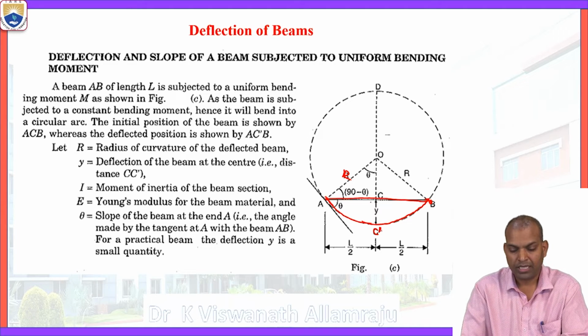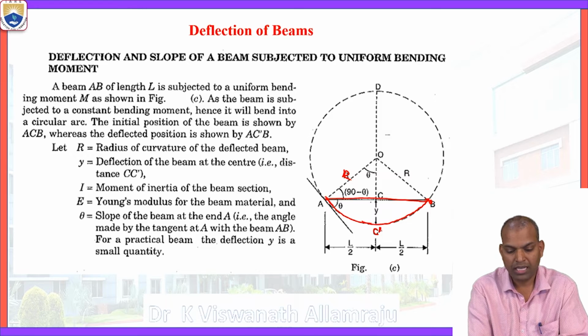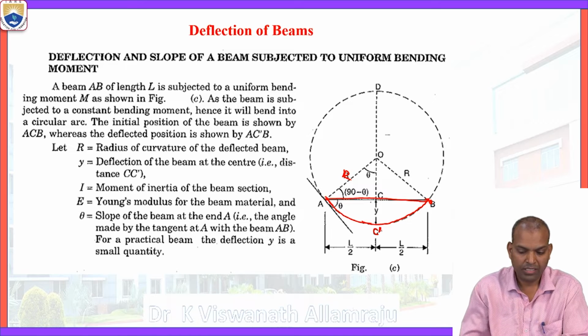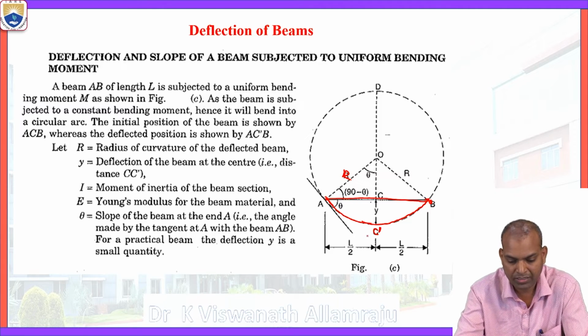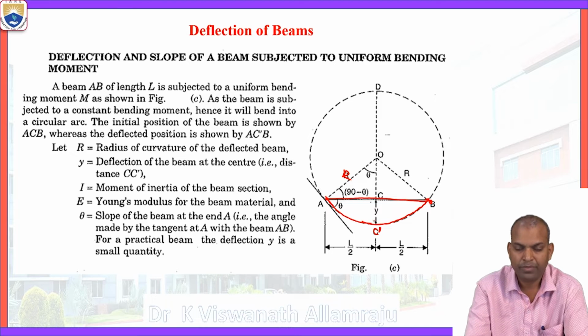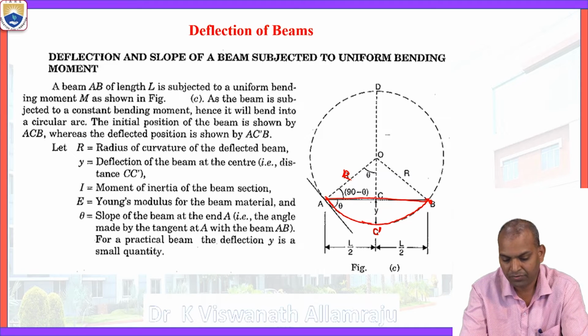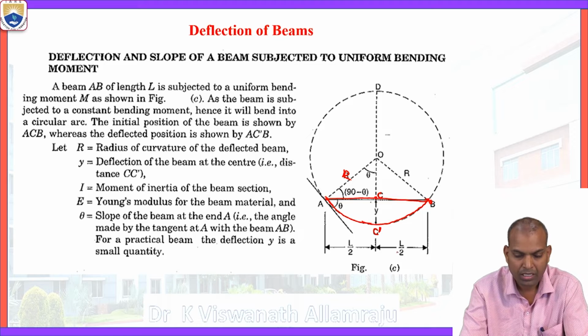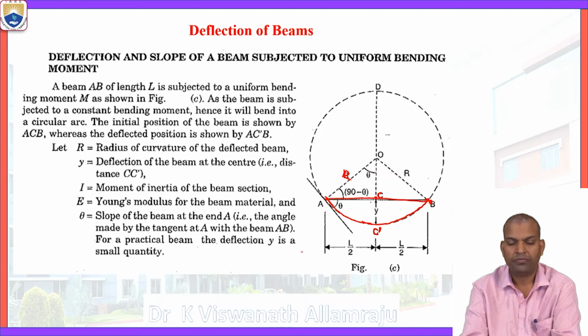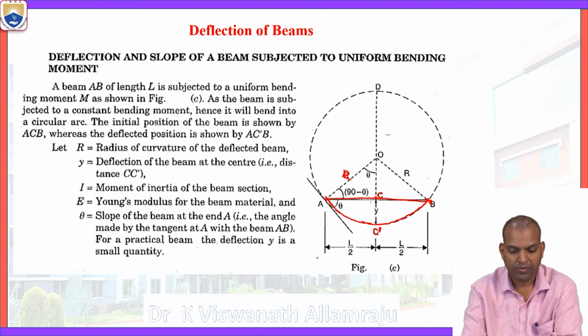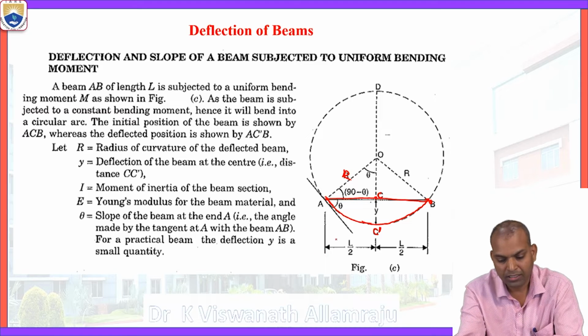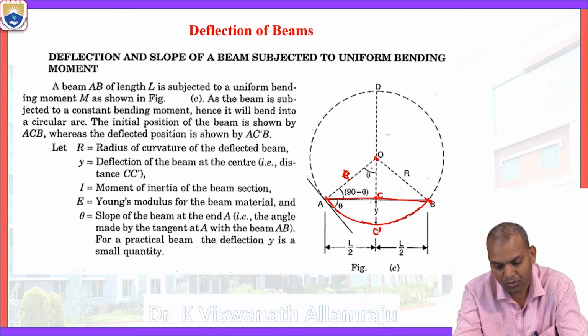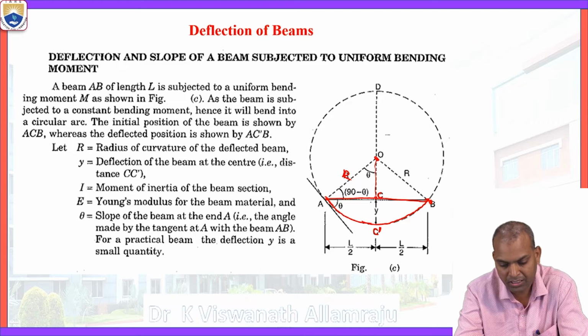The length of the beam is L, and AC equals CB, that is L by 2, where Y is the deflection of the beam at the center, that is the distance of C to C dash, and I is the moment of inertia of the beam section, where E is Young's modulus, the modulus of elasticity for the beam material. Here R is intersecting at O, making angle theta.